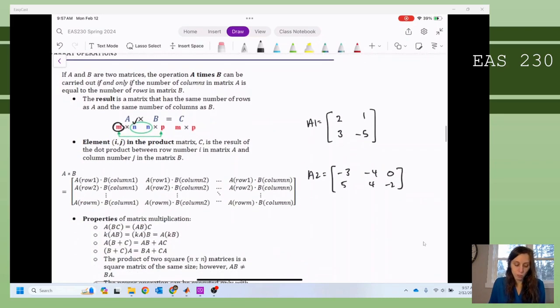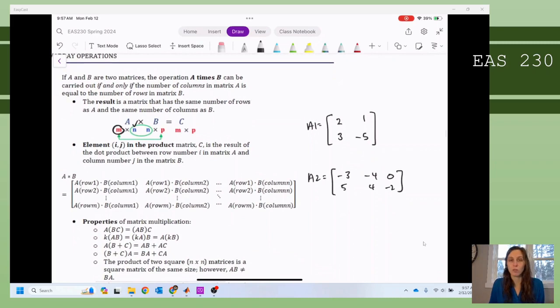So, matrix multiplication is just the dot product between the rows in the first matrix and the columns in the second matrix, and we repeat over and over again. So formally, if we were to define it, this is what all of this describes.